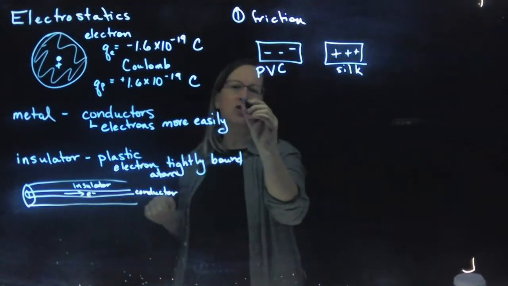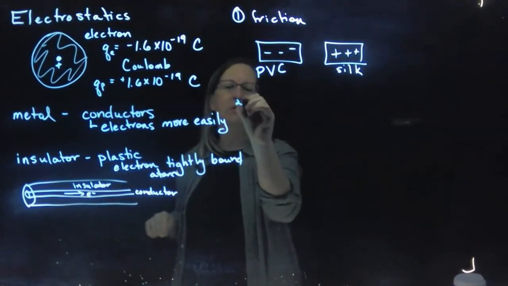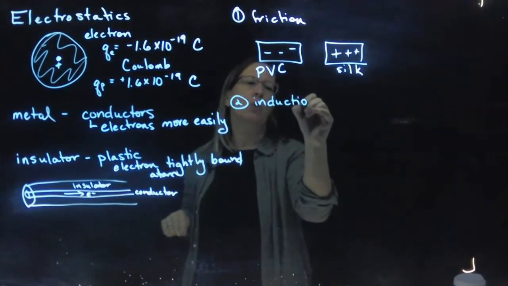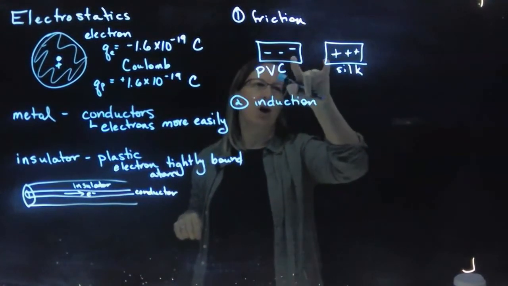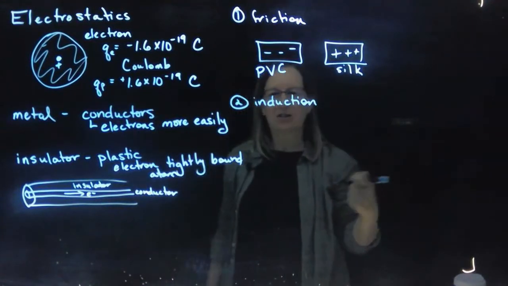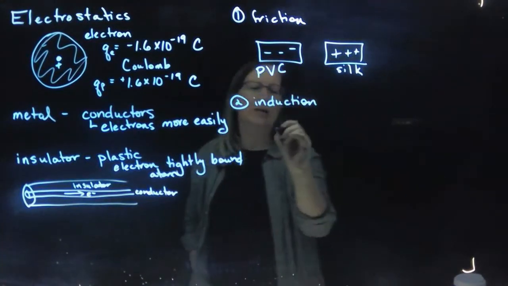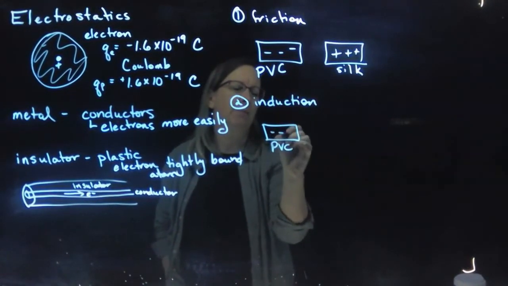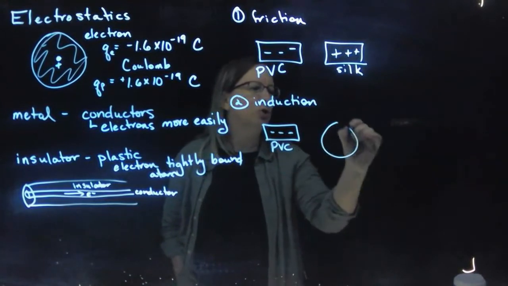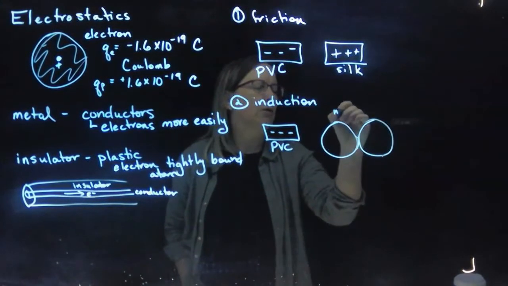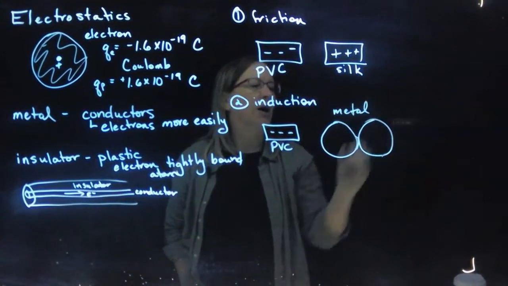We can also charge things up by bringing, this is by induction, is what it's called. And of course, we know that opposite charges attract, like charges repel each other. So by induction, we take something like our charged PVC, and we put it near two conductors. So these are two, say, metal spheres that are in contact.